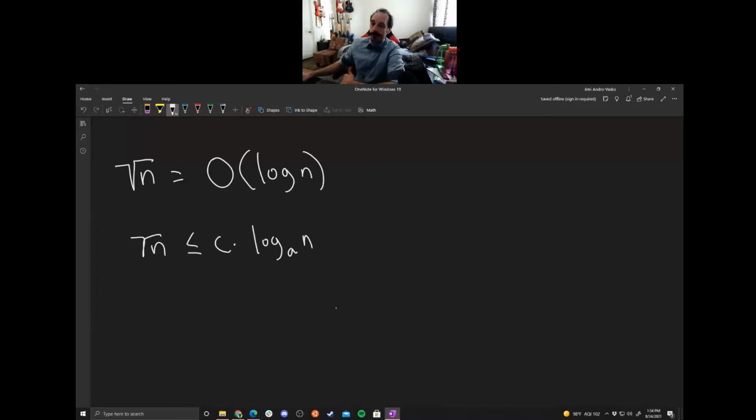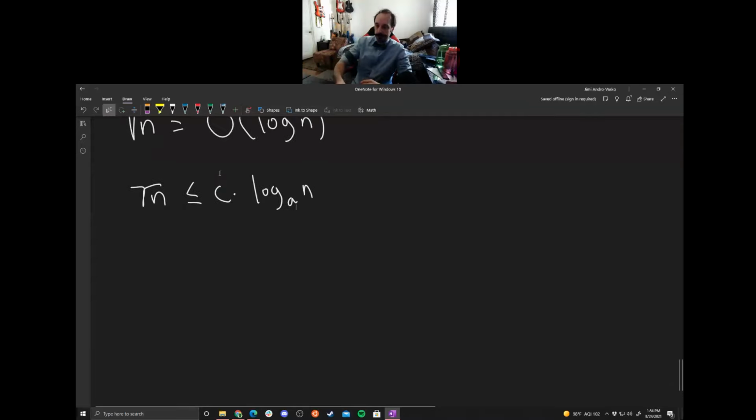Right now, I want to show which one has a bigger growth rate. If they have equal growth rate, this is correct. If the log function has a bigger growth rate than square root of n, it's also correct. But the only issue is if root n is bigger than O of log n, then this is actually not valid. Let's go ahead and try L'Hopital's rule on this example and see what happens.